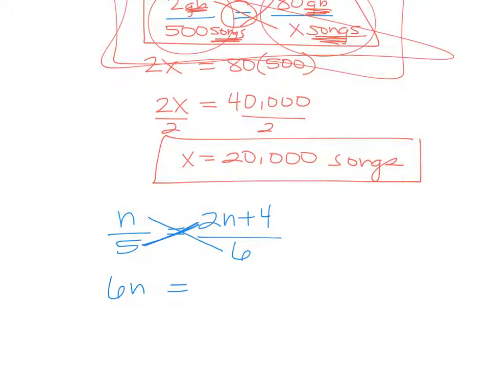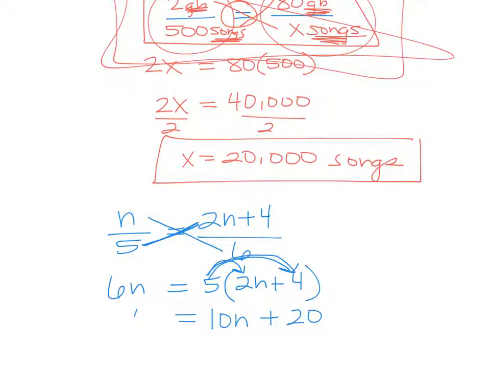Multiply. What do we need? You need your parentheses, right? 5 times 2n plus 4. What do I do first? Distribute, right? So multiply by distributing. So 5 times 2n is 10n, plus 5 times 4 is 20.